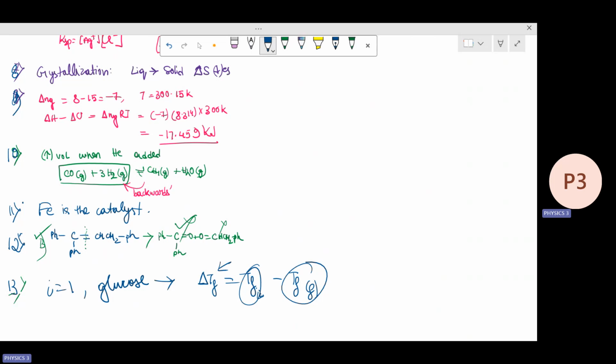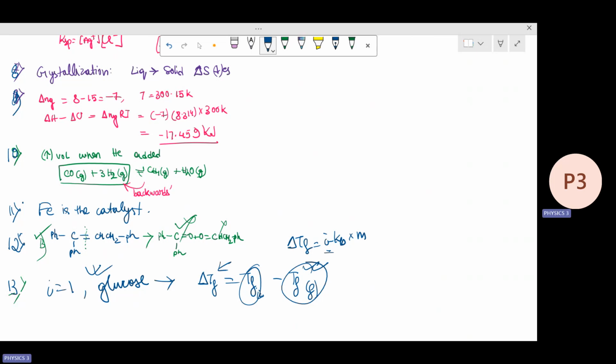So delta Tf will be lowest. For glucose, the freezing point will be highest, because the formula of delta Tf is i into Kf into m. The lesser the i, the lesser will be the decrease, so the final freezing point will be higher. That's it. Next question.